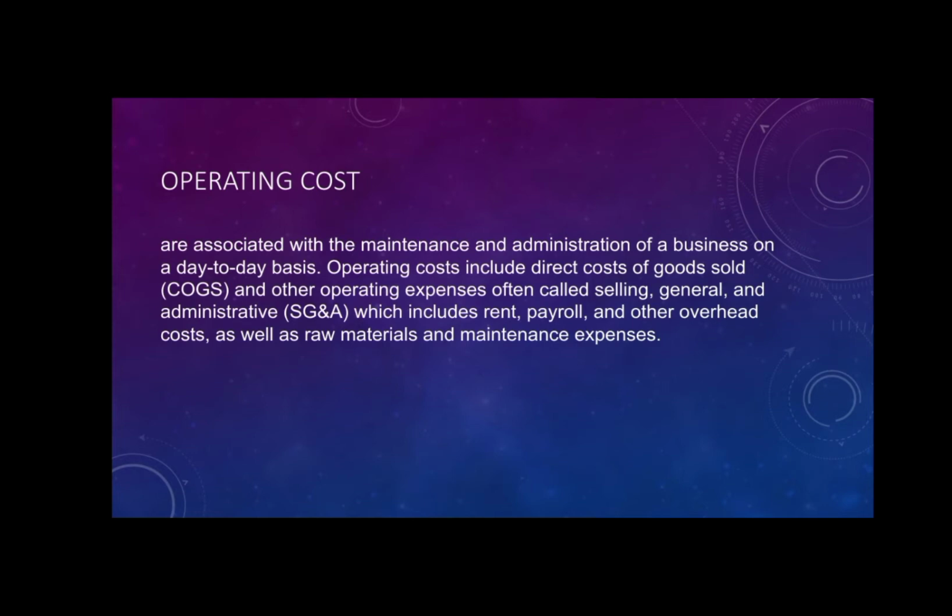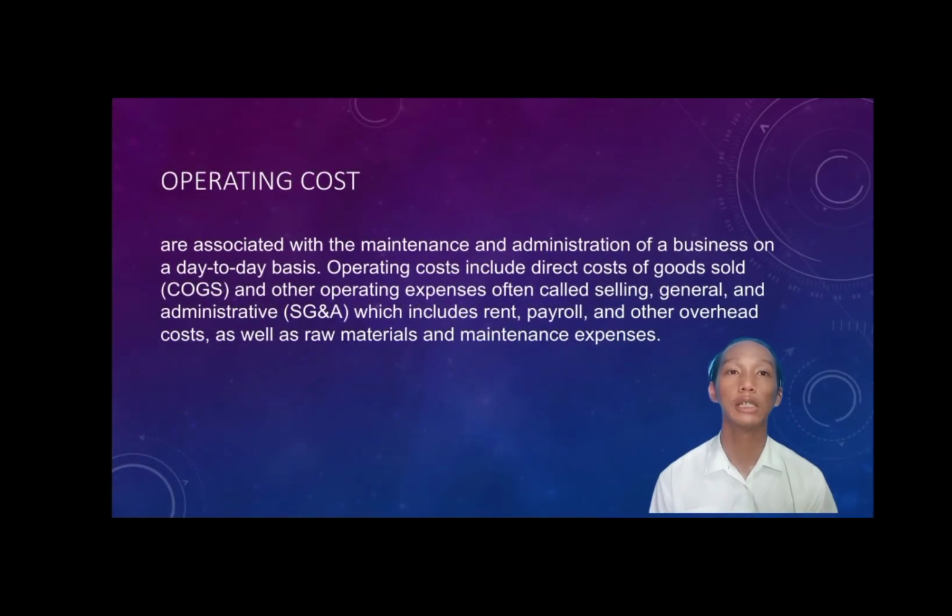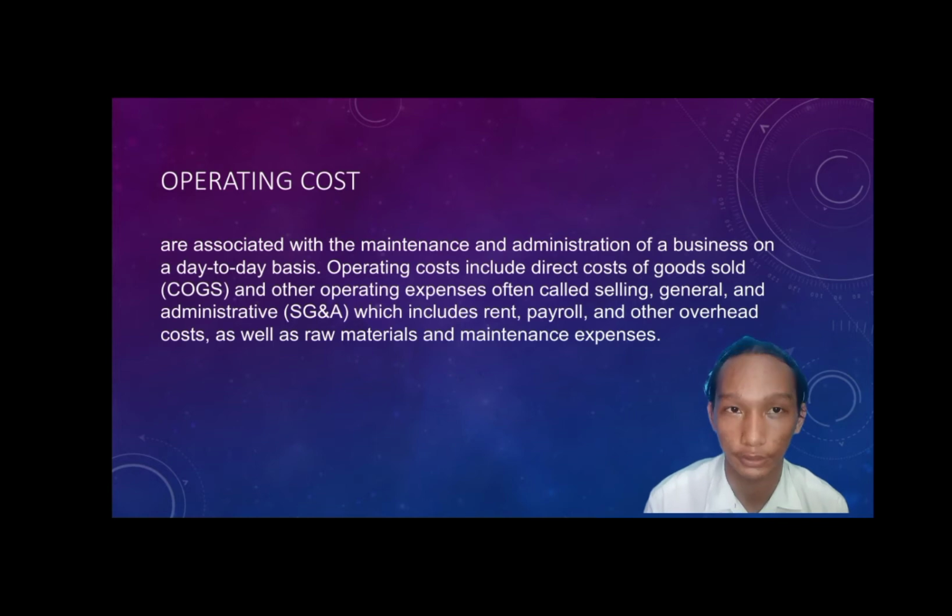Operating costs include direct costs of goods sold or COGS and other operating expenses, often called selling, general and administrative or SG&A, which includes rent, payroll, and other overhead costs, as well as raw materials and maintenance expenses. So operating costs are the expenses you incur to operate your business, the direct expenses, meaning those in your factory operation.